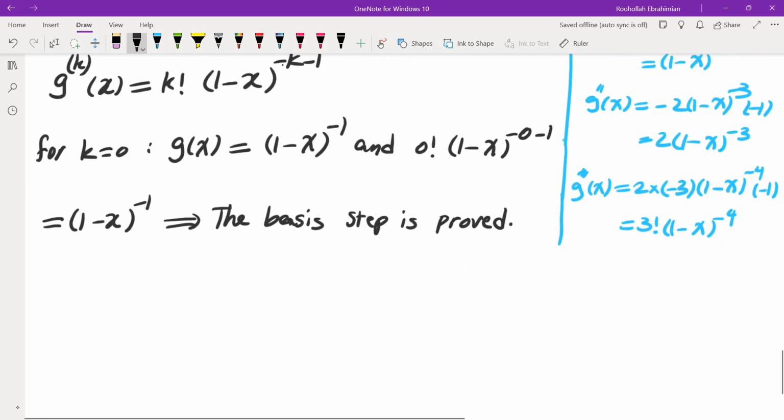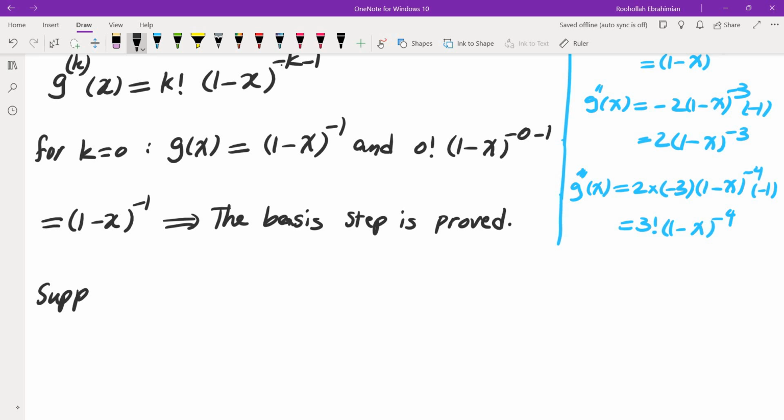Suppose g k of x is equal to k factorial (1 minus x) to the power of -k minus 1 for some k.